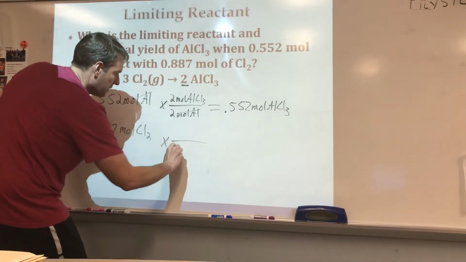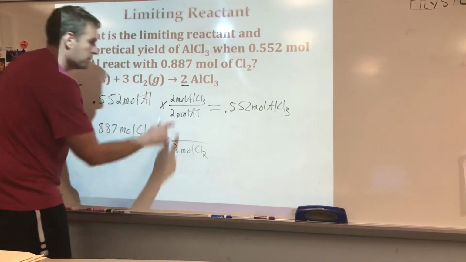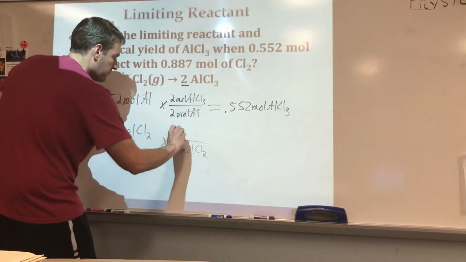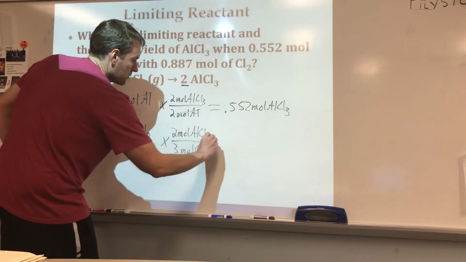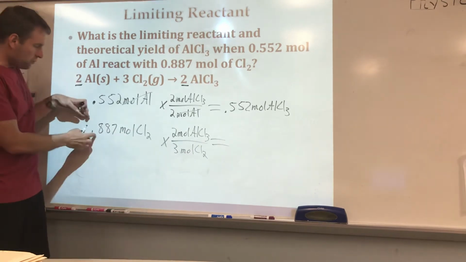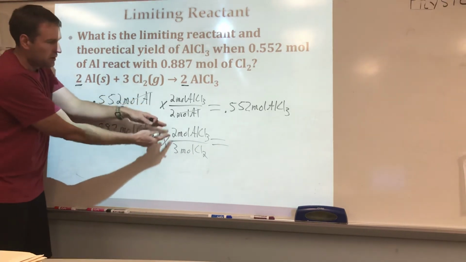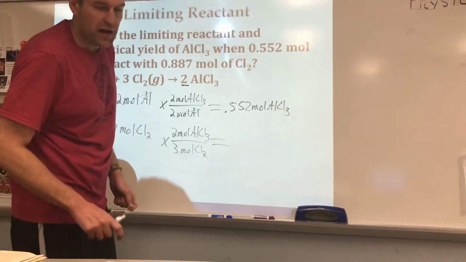My 3 goes on the bottom, so it cancels out the chlorine on the top. My 2 goes on top. And you multiply times that ratio: 0.887 times 2 divided by 3, and you get 0.591.